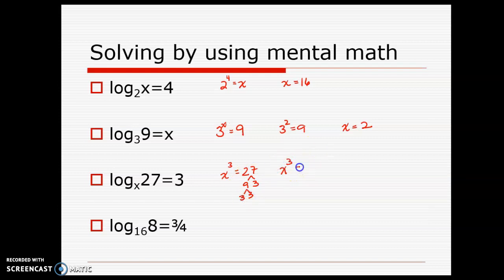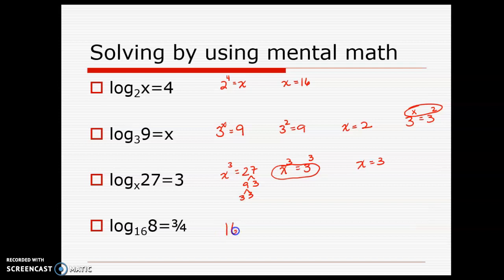So x cubed equals 3 cubed. And that makes x equals 3. It works just the same on the bases if the exponents are the same as it does when you've got the bases the same and you're looking at exponents. That's also equal. So either way you want to do it, it's correct.